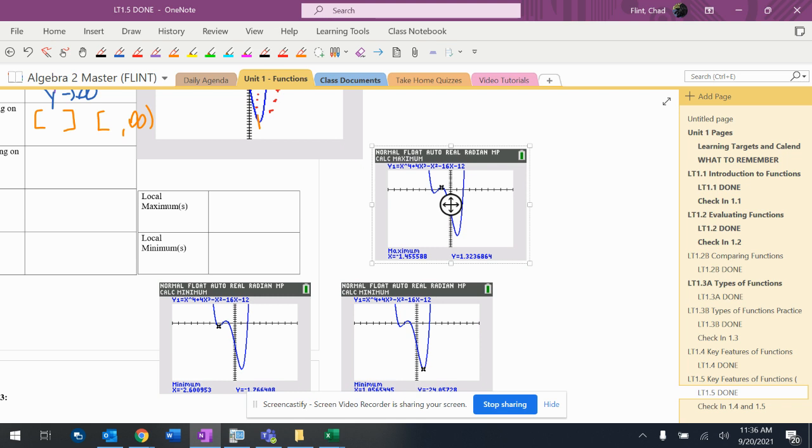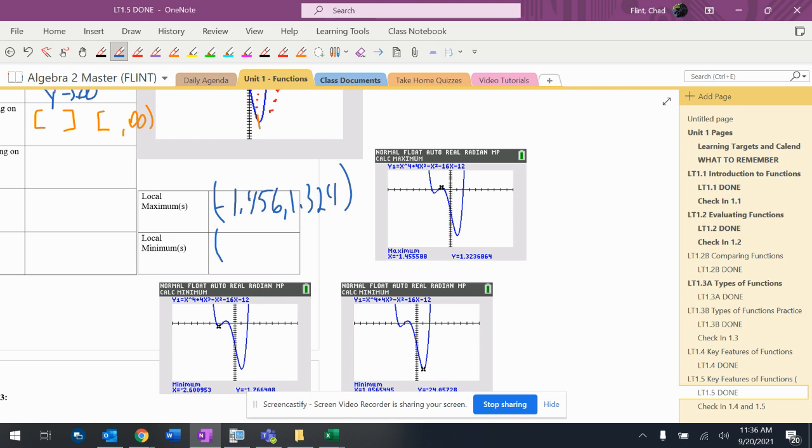All right, so I'm going to round this to three decimals. The maximum is negative 1.456, 1.324.